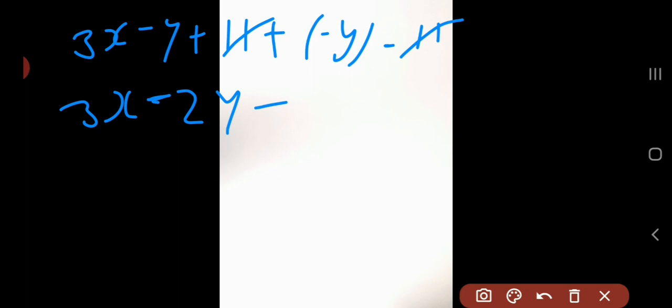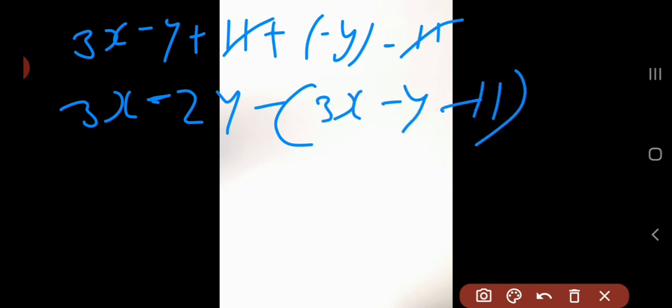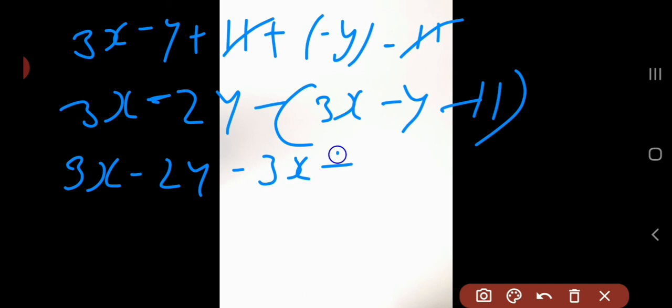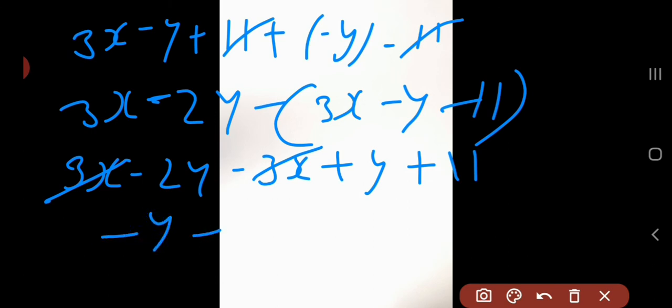Let's subtract: minus 3x plus y plus 11, so 3x minus 3x cancels. Minus 2y plus y becomes minus y, plus 11, so your answer is minus y plus 11.